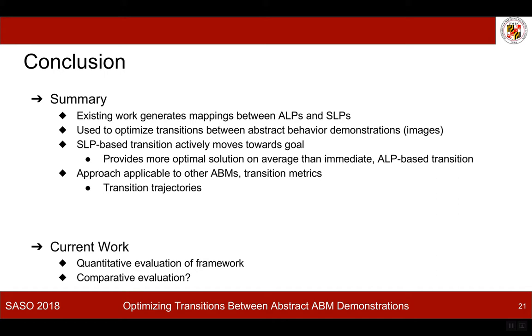This approach is easily extendable to other agent-based models and transition metrics, as well as various transition trajectories. Some work that's currently being done is a quantitative evaluation of the framework, as well as a comparative evaluation would be useful.